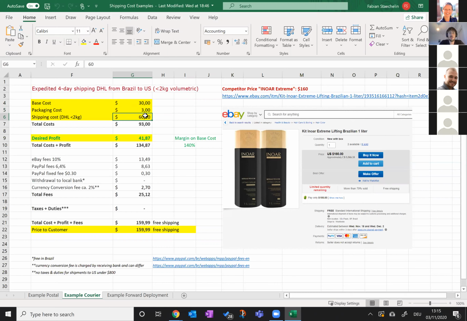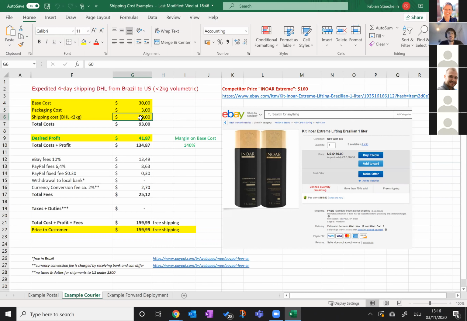And here I just put the shipping cost at $60. Usually I've seen my sellers get much better rates for courier shipping, and I'm hoping that we're going to get much better rates than this. But over the counter, that's probably what you could expect if you want to ship, say, from Brazil to the United States via a courier. And then you get to an overall cost of $93.